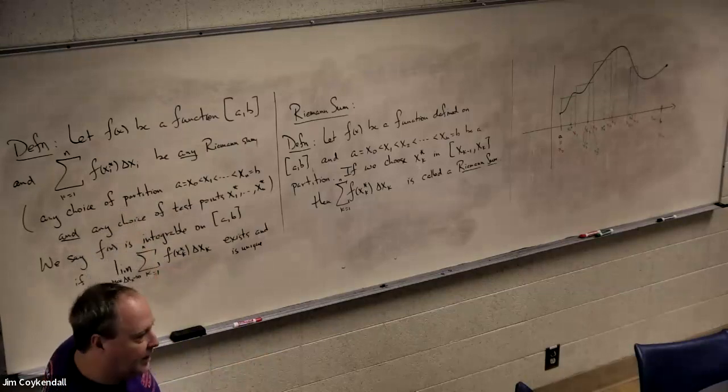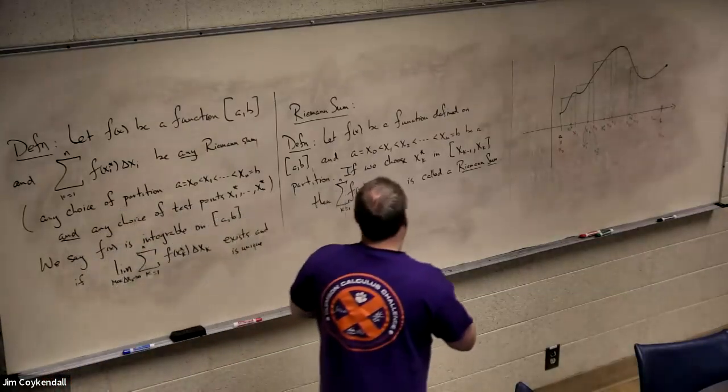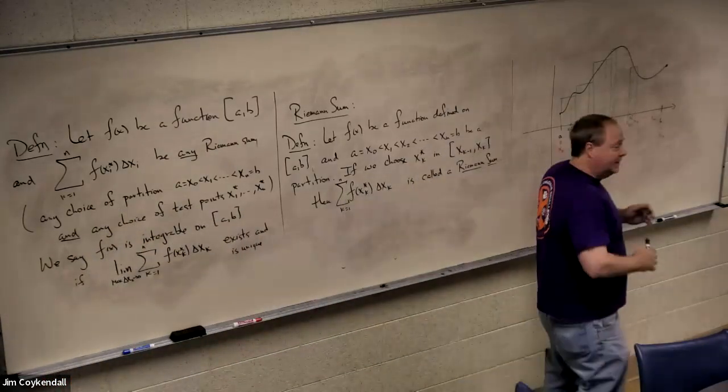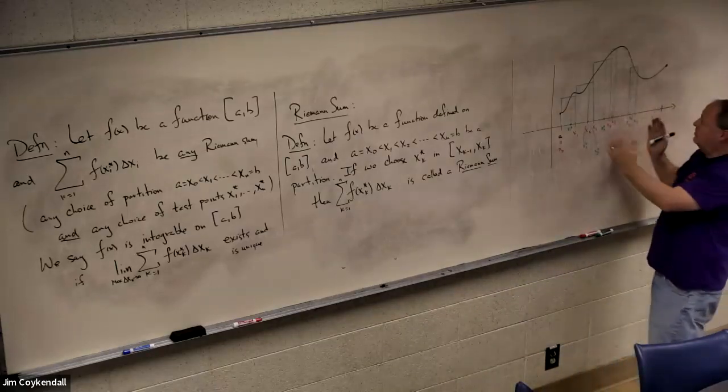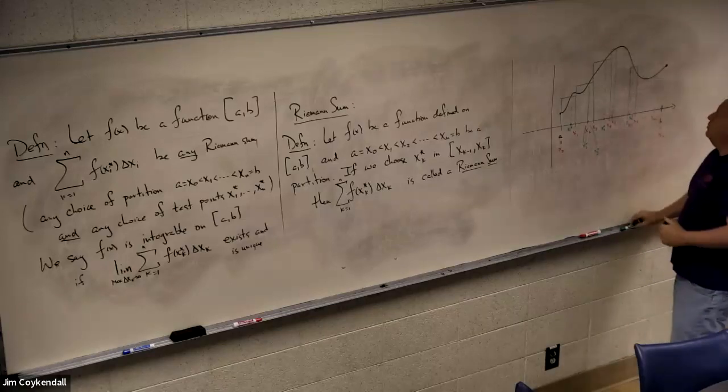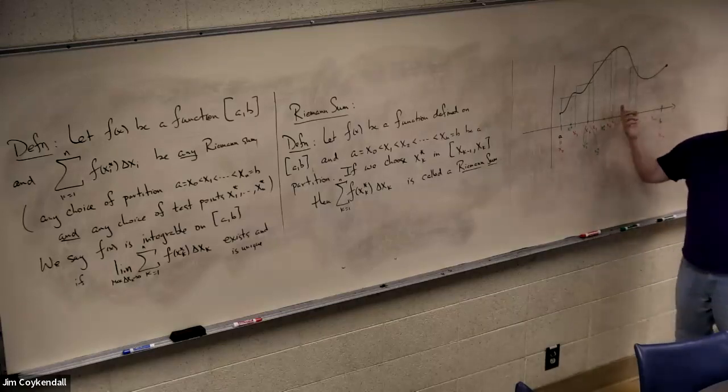We say it's integrable if this limit exists. The only limit is another one. So you take any partition, break this up into any partition you want here, and you do this Riemann sum.